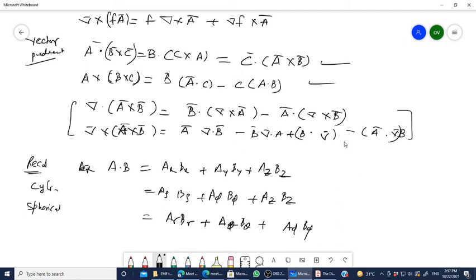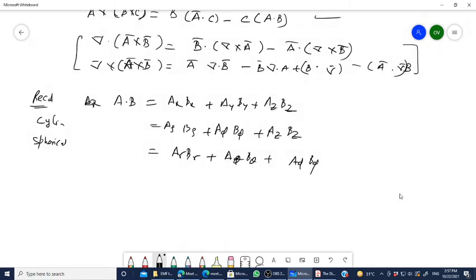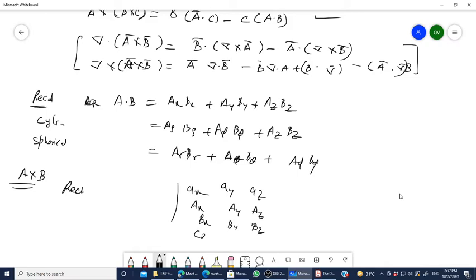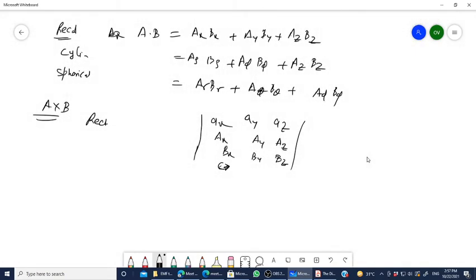ठीक है, if it is a cross b, if we are taking a cross b in the rectangular coordinate, we can represent ax ay az, bx by bz. सो रेक्टेंगुलर फॉर्म में ऐसे ले सकते हैं.